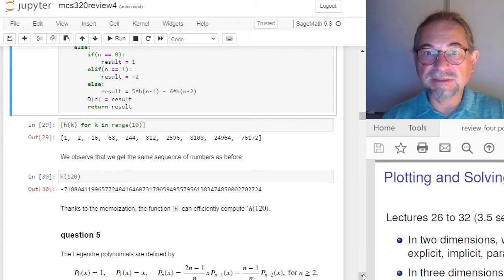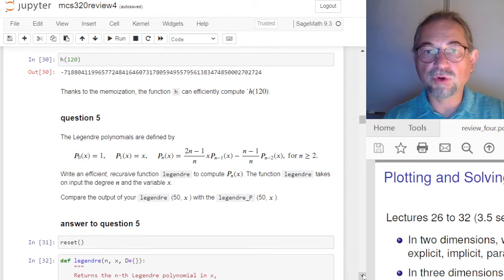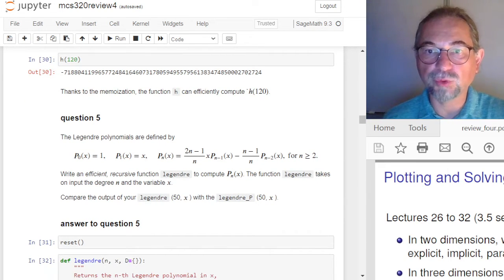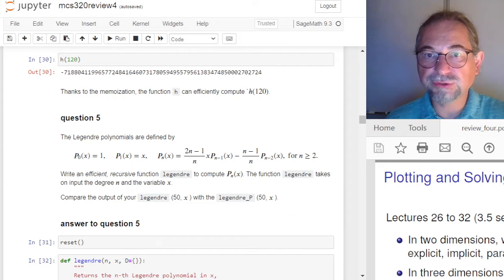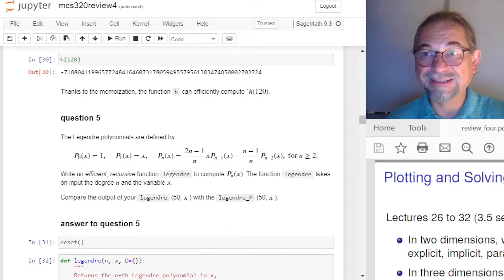Okay, so the next question is also memoization. It's a more complicated form of memoization, because it is a polynomial. And the polynomial has two parameters in there. So the Legendre function that you write for this also has two parameters, and the dictionary in the memoization also has two parameters.